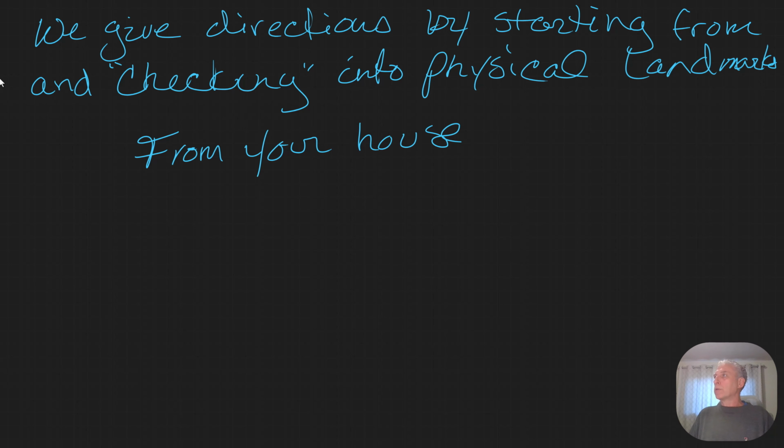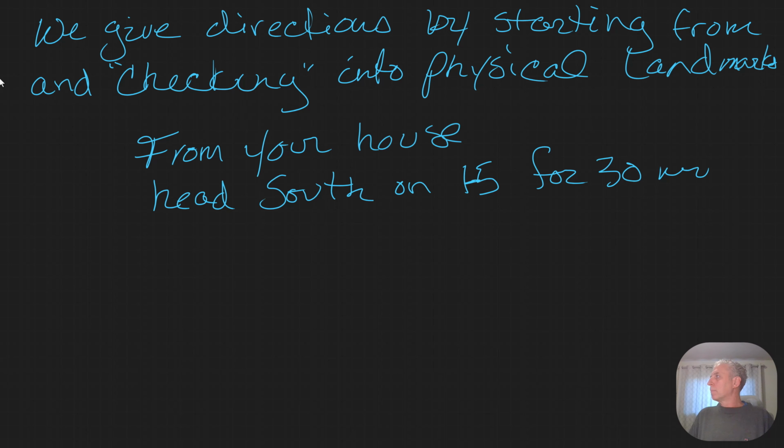So from your house, and just very rough directions, head south on I-5 for 30 miles. So that is a distance and a direction, right? You could drop the I-5, although that's helpful, and just say from your house, head south for 30 miles. So we start at a position, we give a bearing and a distance, and we're used to doing this. We do this all the time.